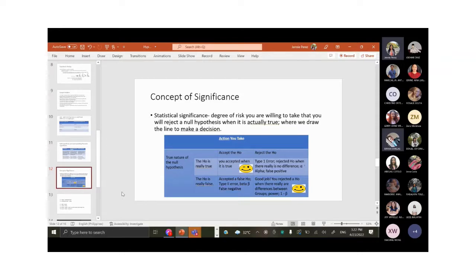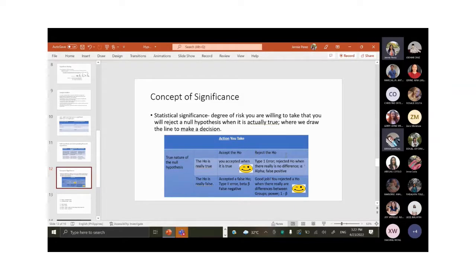So anytime you reject a null hypothesis, there is a probability that you made a mistake. There are two possible actions on the null hypothesis: whether we accept the null hypothesis or fail to reject the null hypothesis.